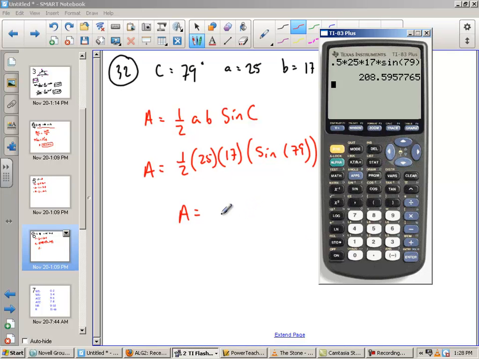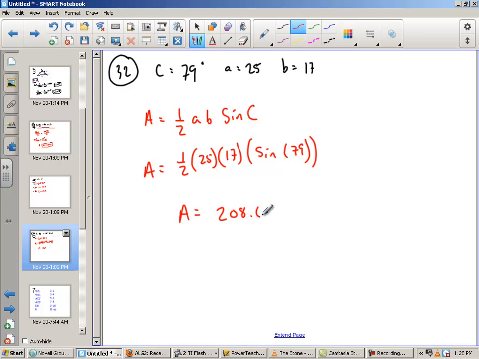An area of 208.6. In the textbook, they really don't tell me any units, so I'm just going to put u squared, units squared. You could use inches or feet or whatever measurement you'd like, but it's in units squared. That's what you're going to be asked to do.